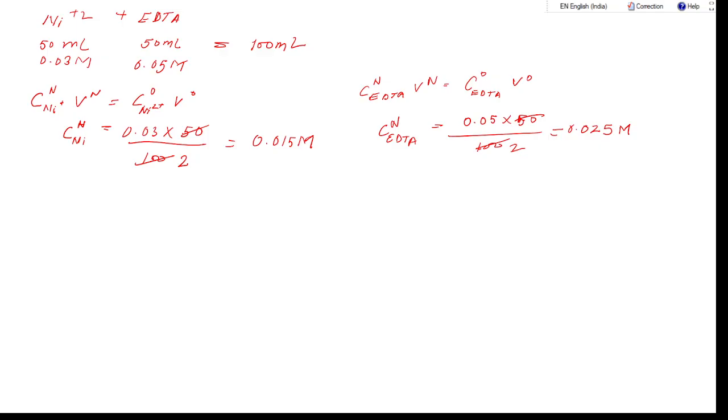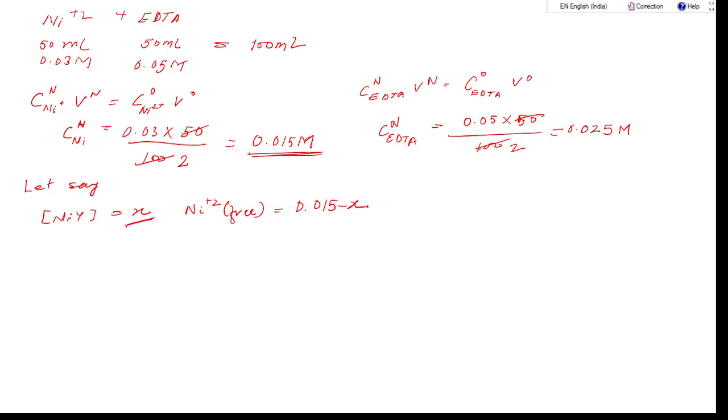Now let's say the amount of complex, this is the complex NiY, its amount is X. Then the amount of free anions, Ni plus 2 free, is going to be 0.015 minus X, because this is the total concentration of nickel.